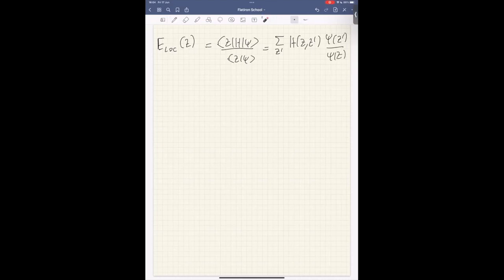So you see that in this expression, we have psi, not psi squared. So here the phase of psi truly matters, even though this is averaged over psi squared, the phase enters here in the local energy estimator.